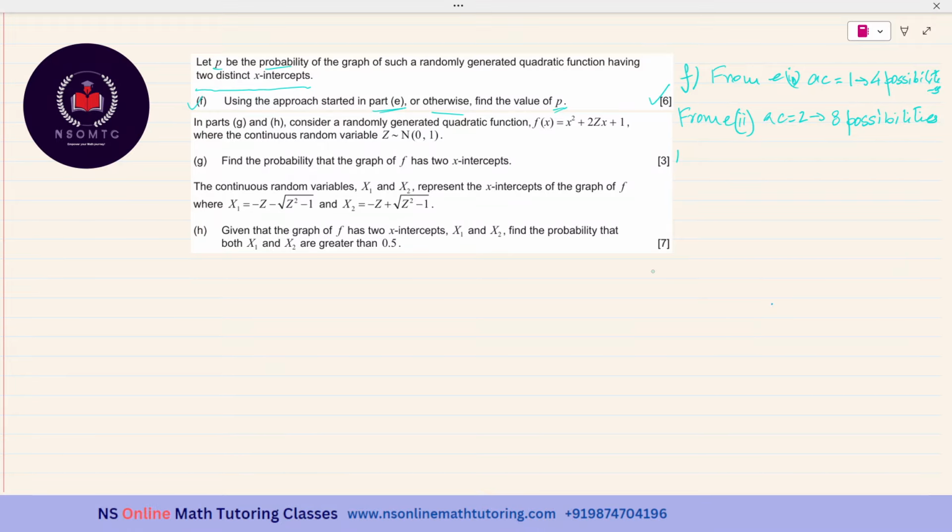And from D, we had AC values as 1, 2, 3, 4, 5, 6, and 8 when there are two distinct x-intercepts.